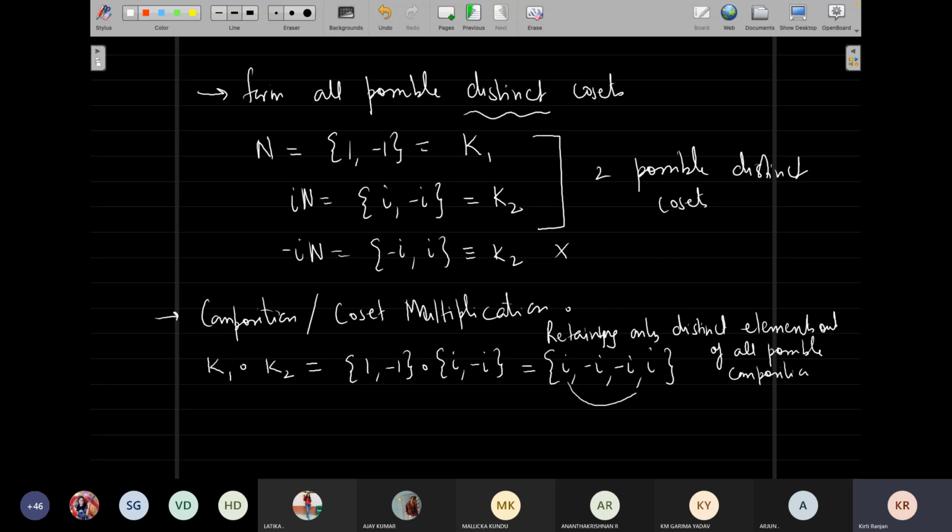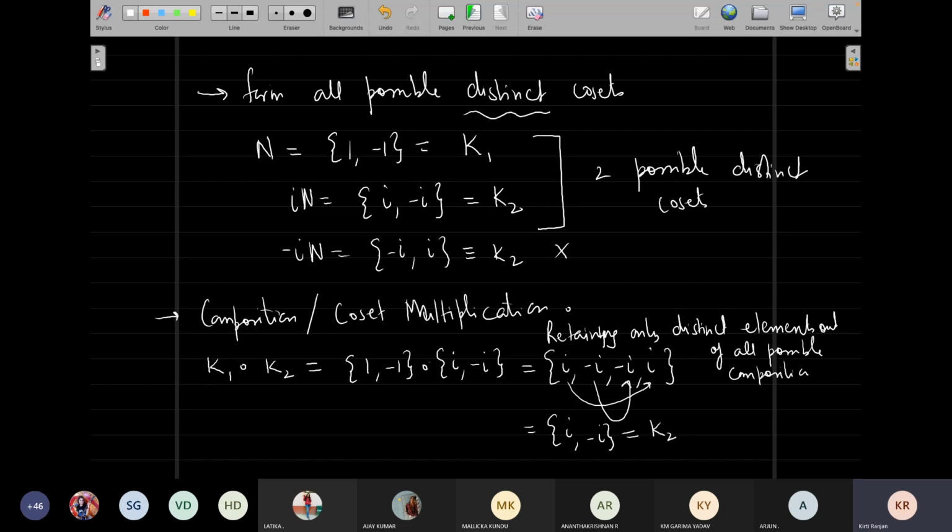But this element has come again and this element has come again. So I am going to retain only once i, minus i. Now i, minus i is itself a coset. Which coset was it? K2. Great.